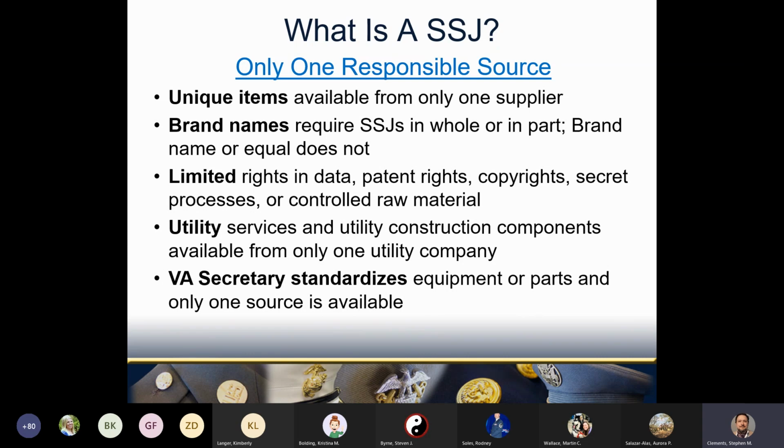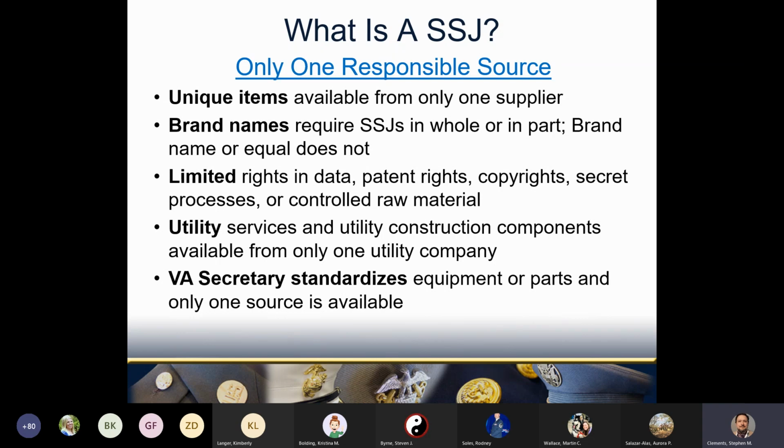However, you would not be able to justify sole sourcing the analyzers because VA does not have a standard analyzer we're required to use, and there are other kinds of test kit analyzers out there. I know this example very well because I got shouted down by my COs for trying to do it.